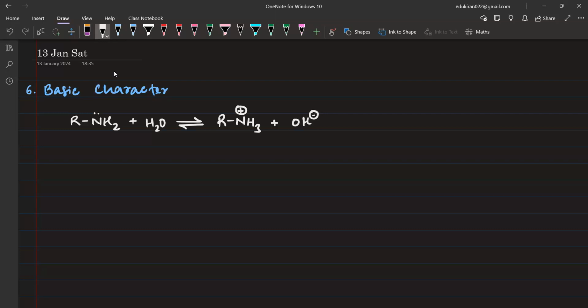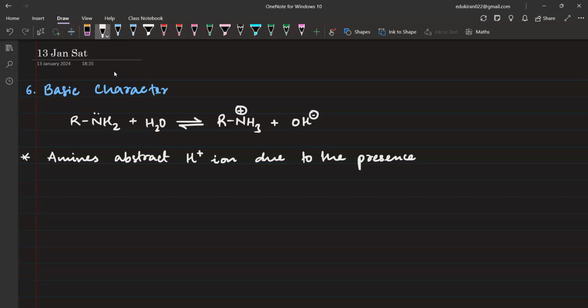Now, how is the concentration of OH negative increasing? Because it is able to attack on the H plus ion. So you can write here amines abstract H plus ion due to the presence of lone pair electron, presence of lone pair electron on nitrogen atom.